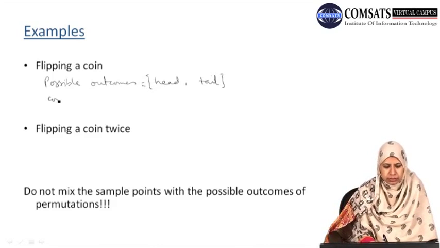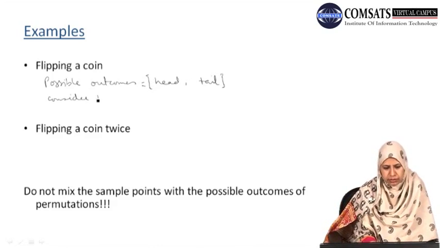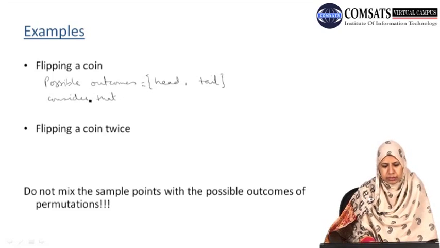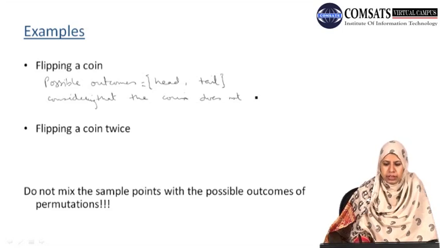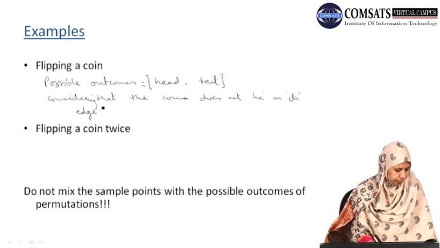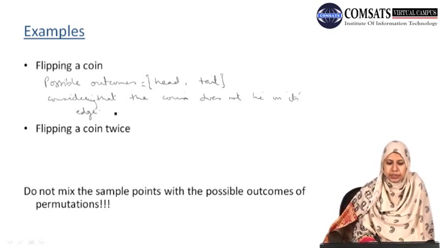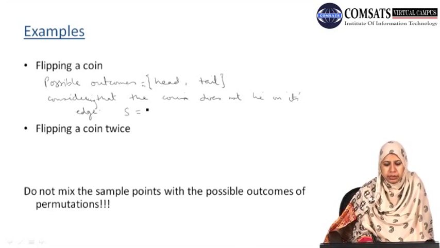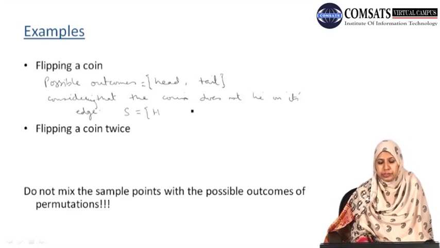Considering that the coin does not lie on its edge, our sample space S will consist of two elements, that is, two outcomes.